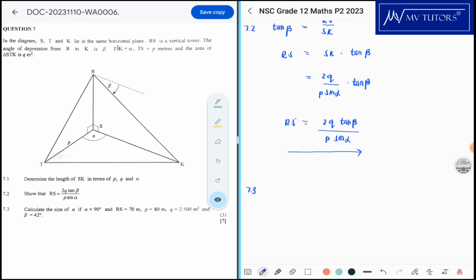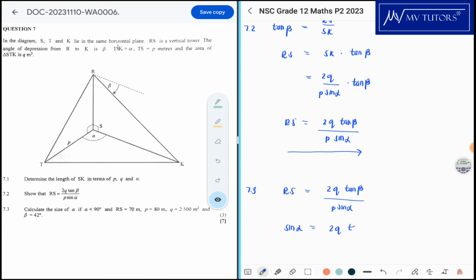So what I would say, we have our equation in terms of RS. Let's just rewrite it. RS is equal to 2Q tan beta over P sine alpha. I'm going to take sine alpha to the other side, and I'm going to also take RS to the other side.